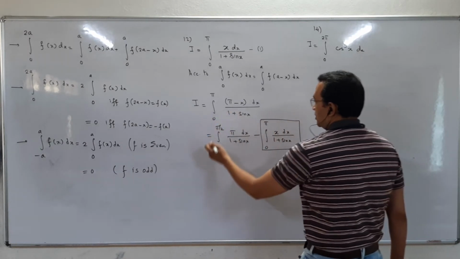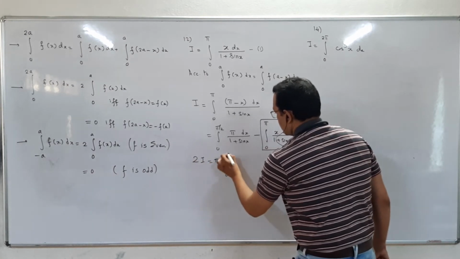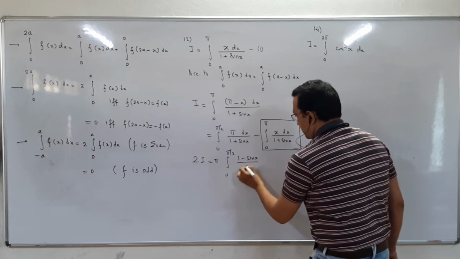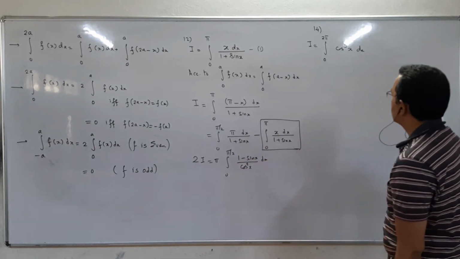If I shift it to the left, twice I is equal to pi integration 0 to pi by 2. Rationalizing by 1 minus sin x, the denominator changes to cos square x.